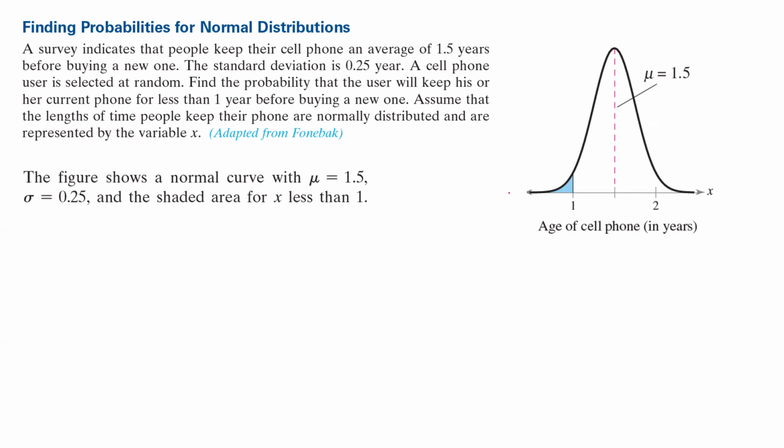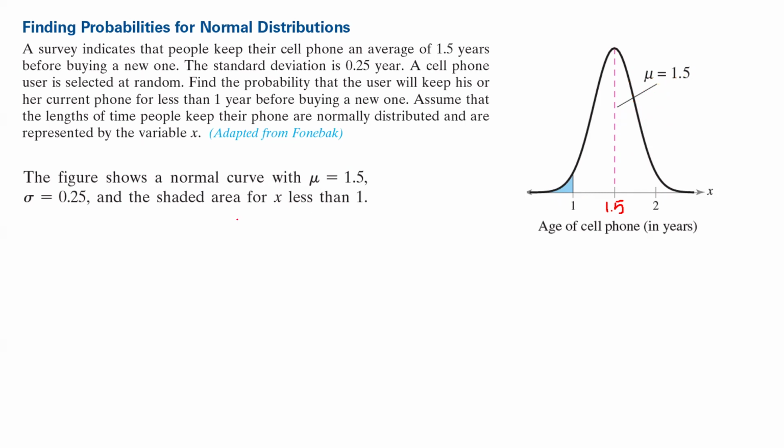First of all, since you have a normal distribution and on the horizontal line you have x, which is the age of cell phone in years, the mean or the dividing number or the balancing point is 1.5 years, which is located exactly here, represented by this arrow. Mu is 1.5 years. But what's the meaning of that? It means that it's located on the horizontal line.